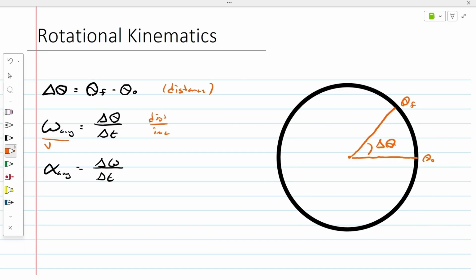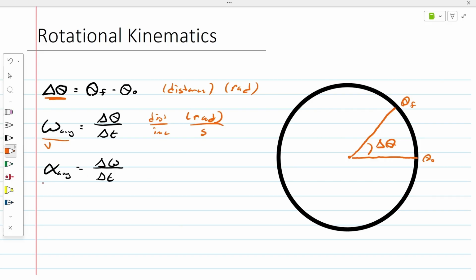The angle could be in degrees, but a lot of times we're going to be working in radians when we're working with rotational motion. So this will be 1 radian. And so if our velocity is radians for how much angle it goes around over time, which is still seconds, the units are radians per second.